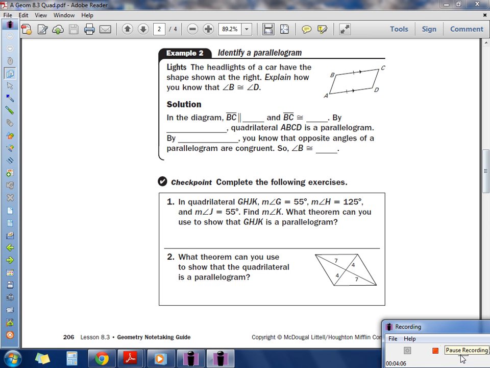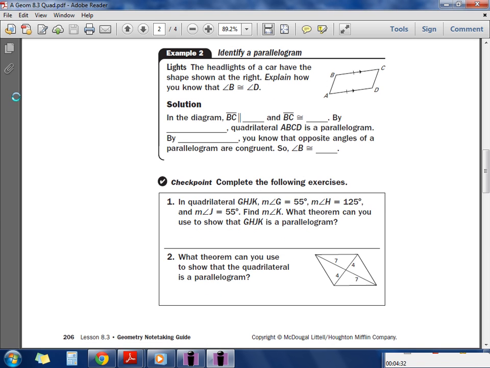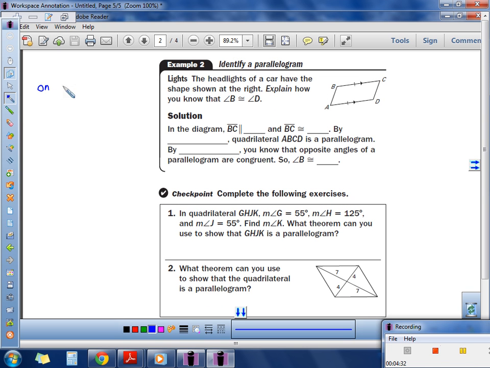On example 2, you should look at the picture and try to remember which property is demonstrated here. Which property do you see in that picture? One pair of opposite sides are congruent and parallel. Good job. So explain how you know the angles are the same. Well, we know that one pair of opposite sides are congruent and parallel.